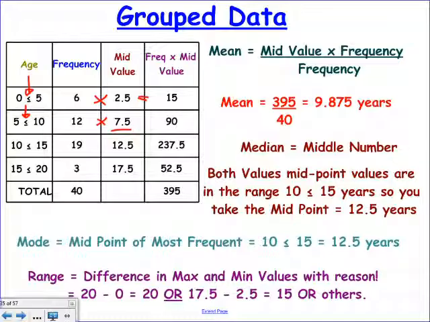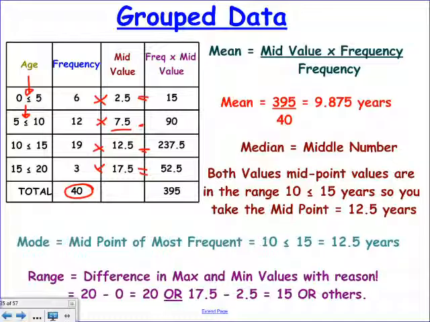So in order to work our mean, we're now picking our midpoints and multiplying our frequency by a midpoint. And then when we add these up, we have a total age of 395 years for our 40 people. 395 divided by 40 is my mean. So my mean age of my 40 people is 9.875 years old.